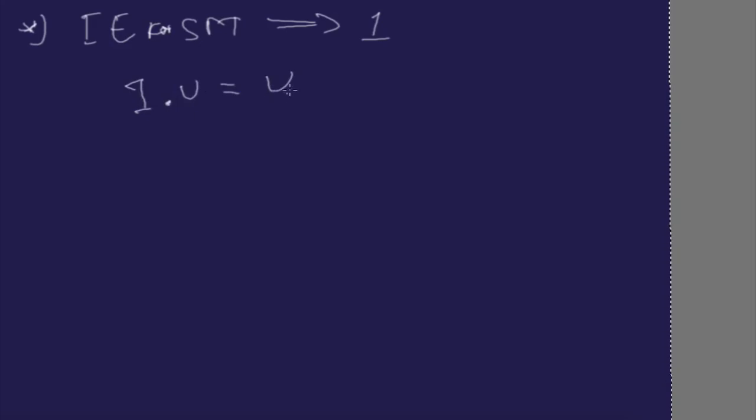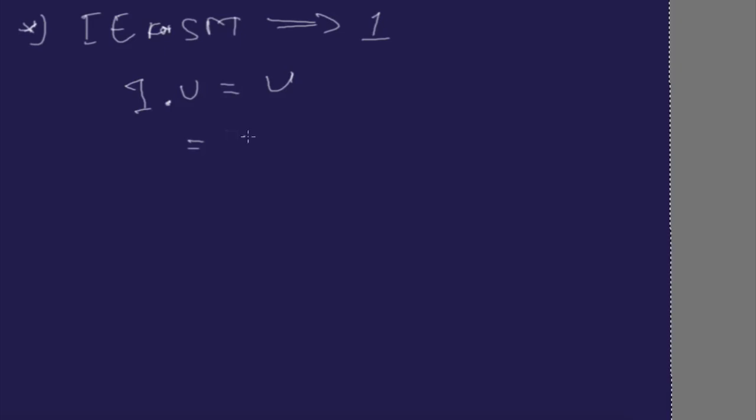We write 1 in front as a scalar, because it is a scalar, not a vector component.